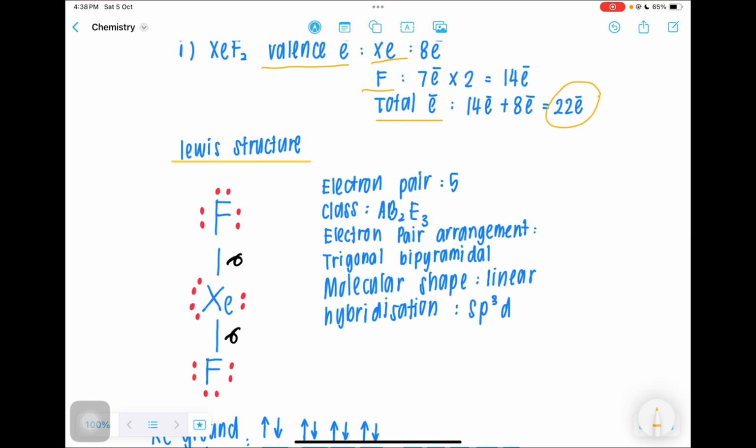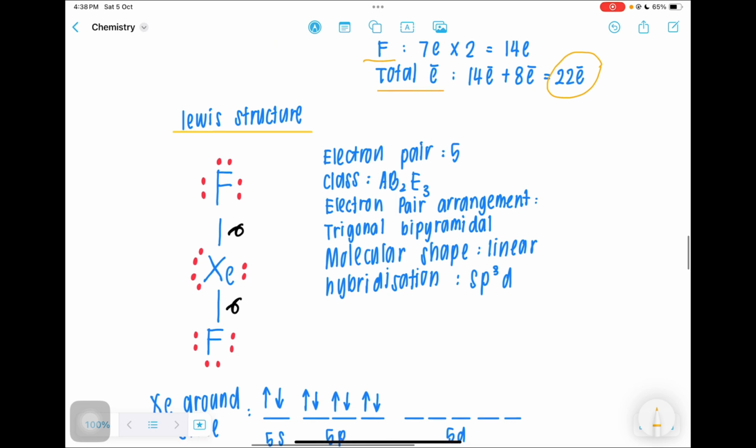The second step is we need to draw the Lewis structure because we want to do the hybridization. So if we draw the Lewis structure, then we state the electron pair is 5 and the class is AB2E3. Why AB2E3? Because it has 3 lone pairs, 1, 2, and 3.